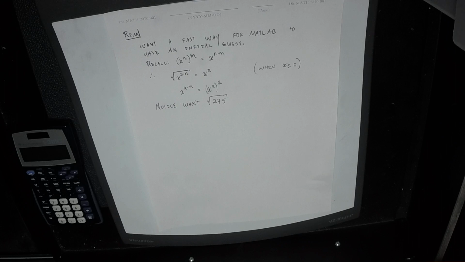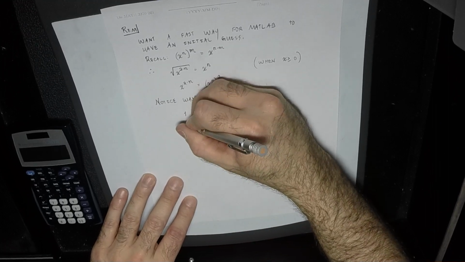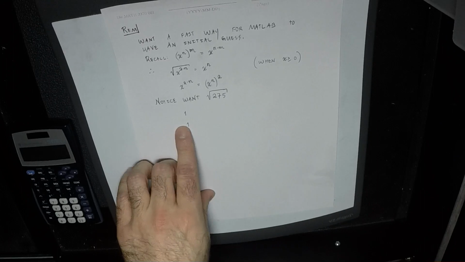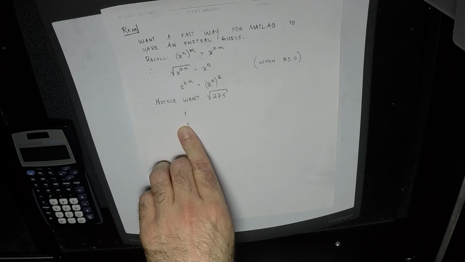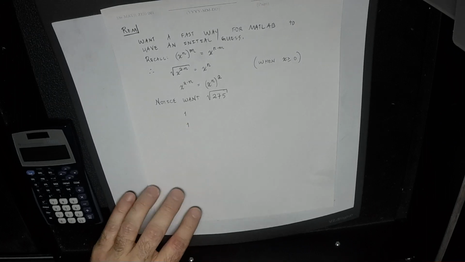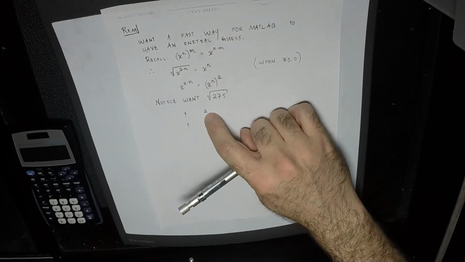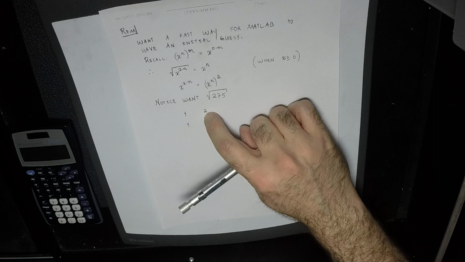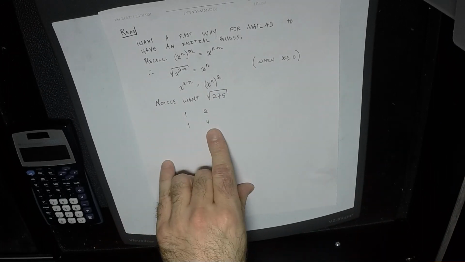What we're going to do is compute sequential powers of 2 and have them squared, like the following. The first power of 2 that we'll consider is 1, and then 1 squared is 1. So I'm going to ask, is 275 less than 1? Nah, it's not. So we're not going to use that one. The next power of 2 is 2. Then we square that and get 4, and ask, is 275 less than 4?